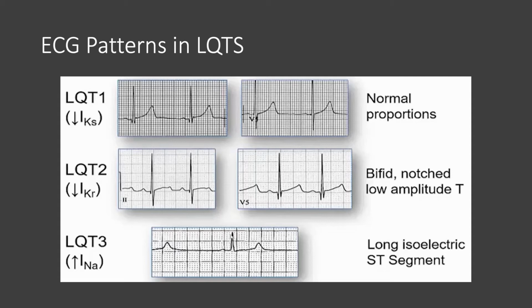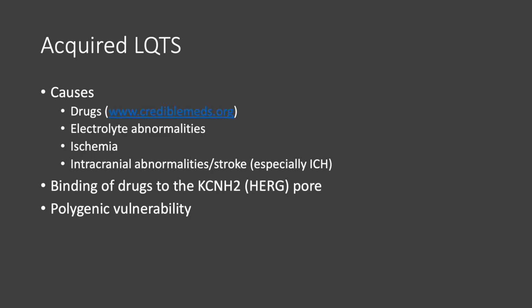In long QT syndrome type 2, there's a bifid or notched low amplitude T wave. And in long QT 3, there's a long isoelectric ST segment, as illustrated here on the bottom.